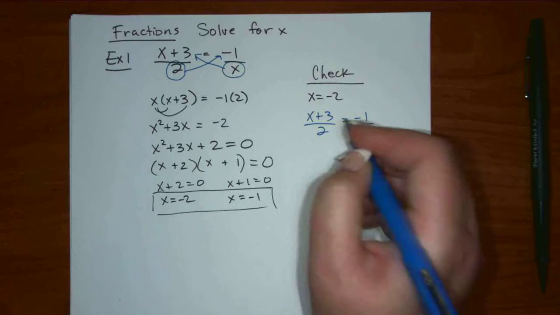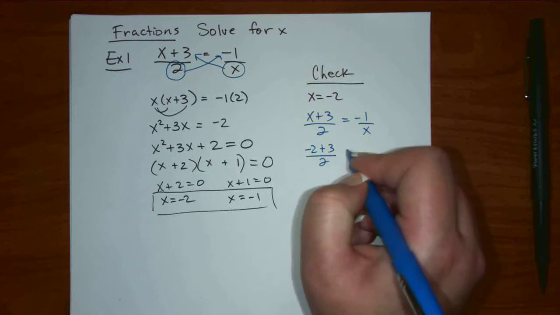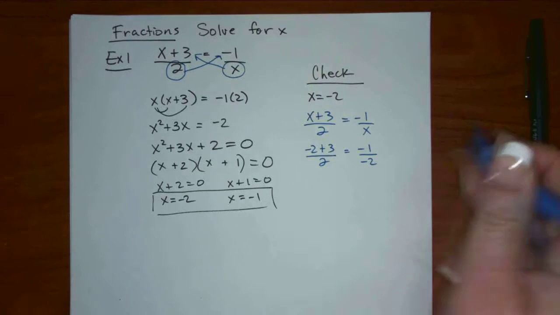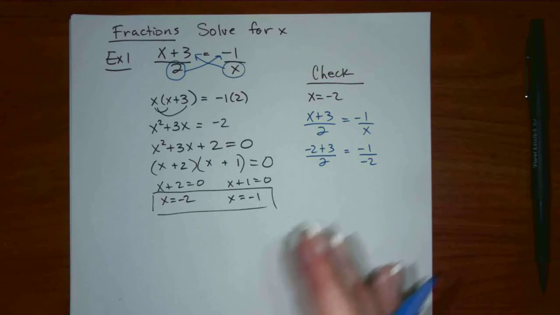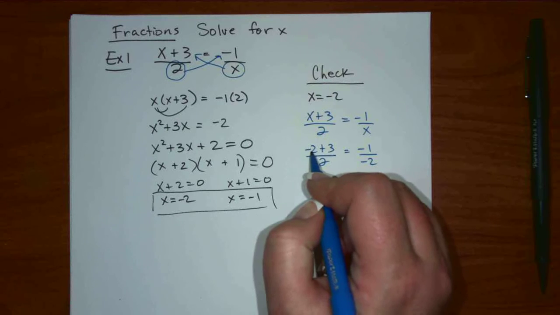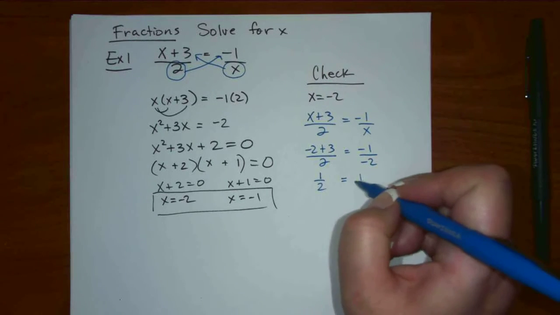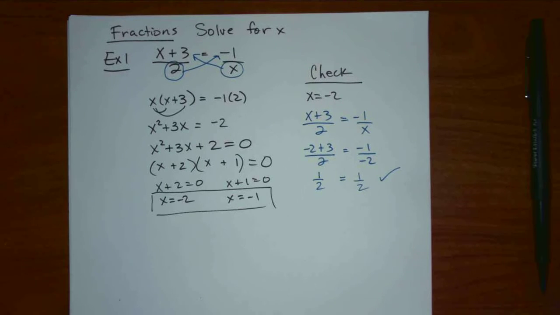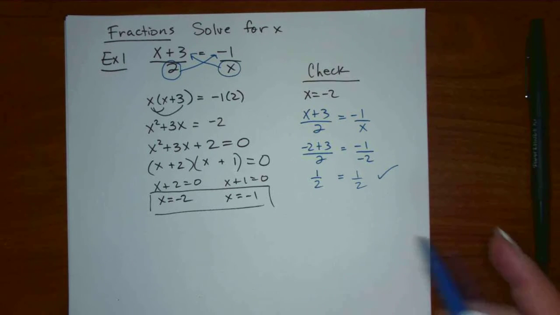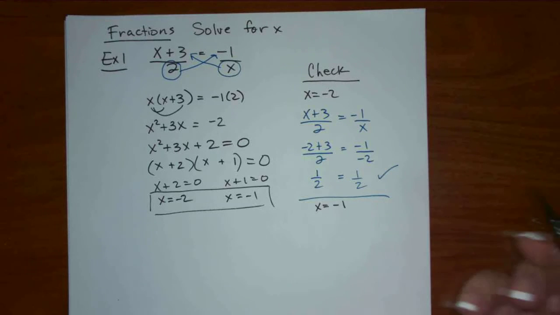So we're going to plug in a -2 everywhere there's an x. Don't cross multiply to check. Check each side and see if they're equal. So here we've got -2 plus 3 is 1 over 2. Minus and a minus is a plus, 1 over 2. And then if we wanted to check the other answer, -1, same thing.